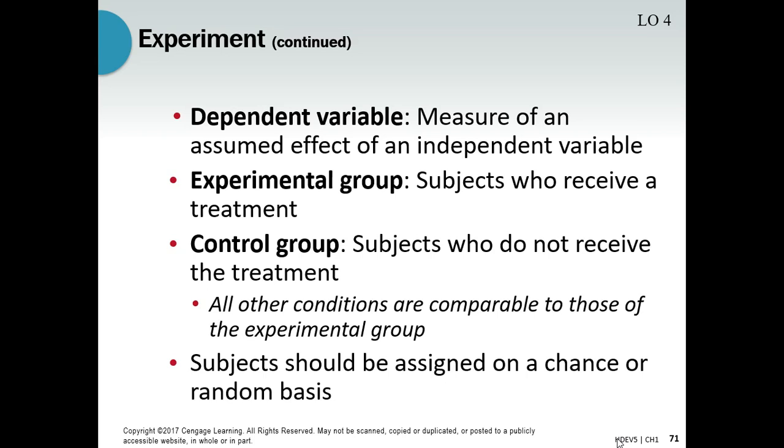Now, in an experiment like the running shoes one, where I give some people Nikes and some people Fila's and some people Adidas, it's kind of hard to determine which one is the manipulation there. Therefore, usually what the experimental group will be is the one that I'm interested in.